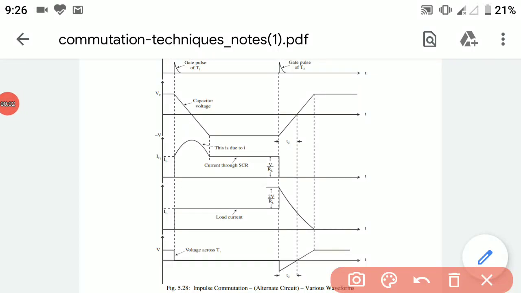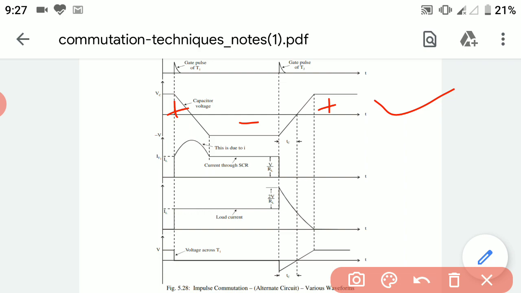Here we will see the waveform of impulse commutation, that is our class D commutation. This is the time instant during which thyristor T1 is turned on, and this is the instant during which thyristor T2 is turned on by applying gate pulses. This is the waveform of the capacitor. As the capacitor polarities are changing alternately, this is the positive polarity, this is the negative polarity, this is again positive polarity.